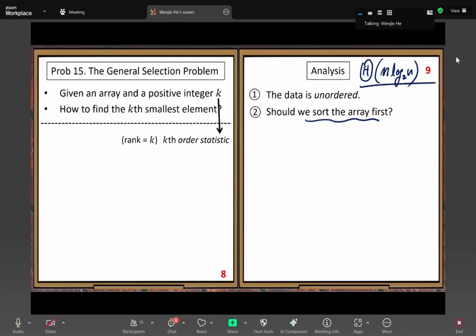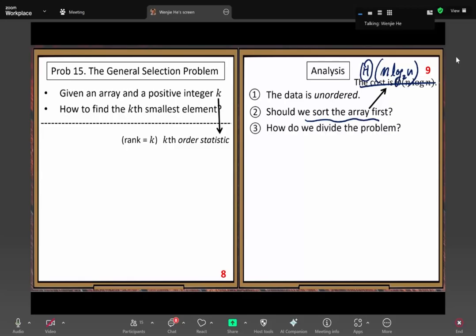You need to do this much work. That's too much. Without sorting, if you want to find the kth smallest element, you can do better than this, because you don't have to sort the array. You overdo it. So that's the problem.